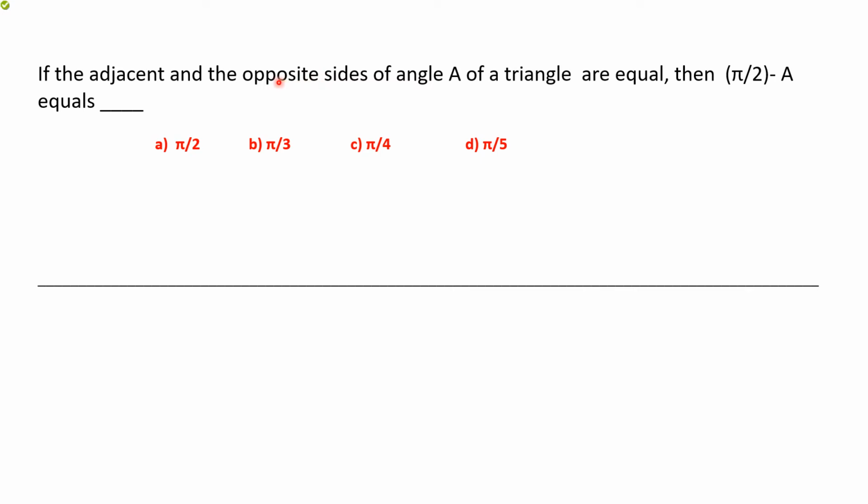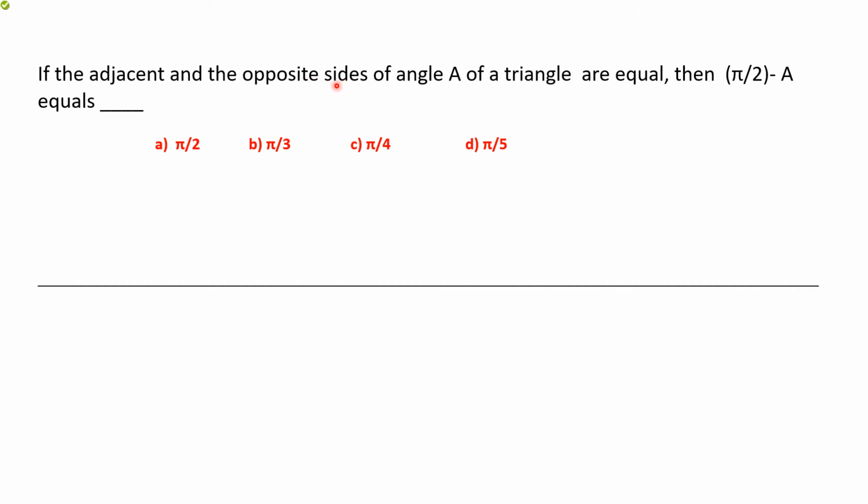That means for the angle A, one of them will be the opposite and the other one will be the adjacent. Having stated so, we know that the third angle is 90 degrees, and since the two sides of this angle A are equal, then the angles should also be equal. If the angles are equal, then each must be equal to pi/4.